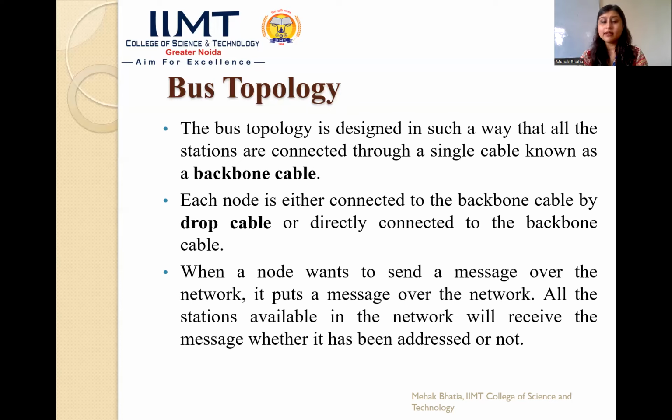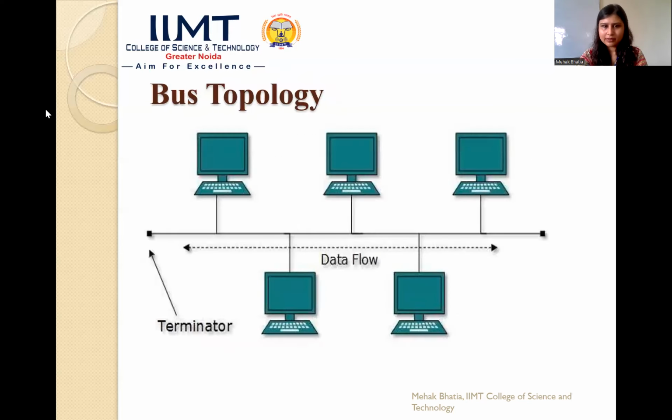When a node wants to send a message over the network, it puts the message across the network, and all the stations available in the network will receive the message, whether it has been addressed to them or not. Let's understand this with an example.